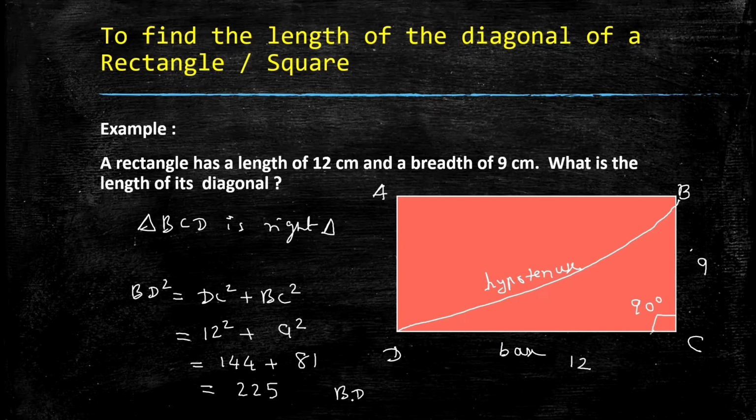Therefore, BD is equal to square root of 225, which is nothing but 15. So I get the hypotenuse as 15 centimeter, which is nothing but the diagonal. So the length of the diagonal is 15 centimeter.